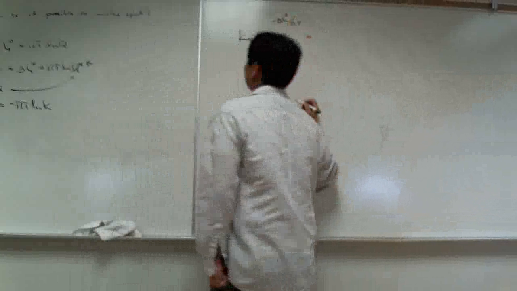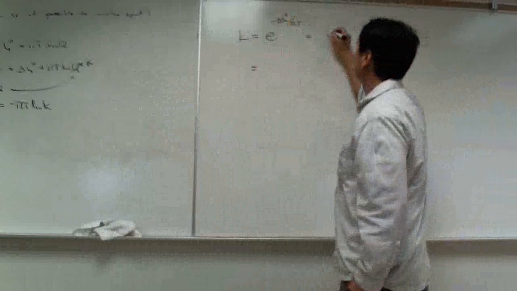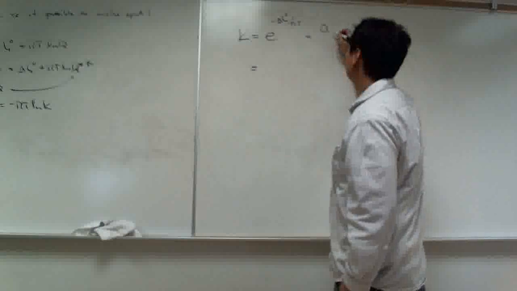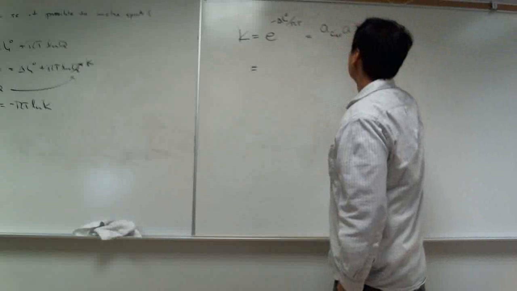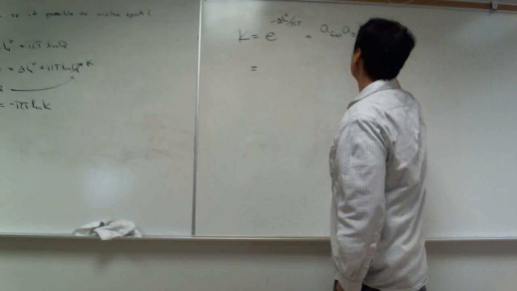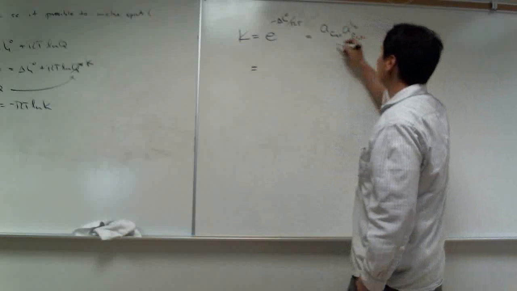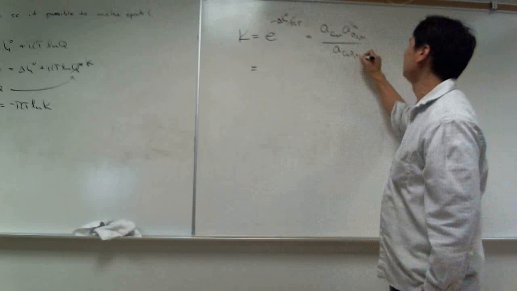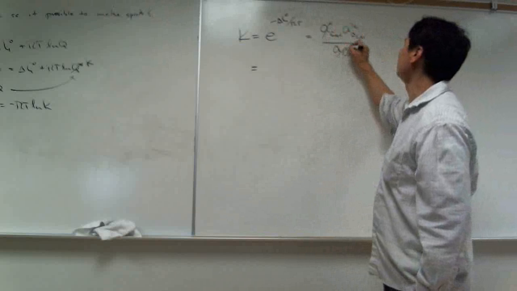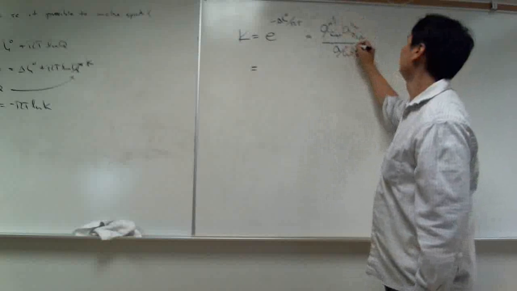K for this reaction is going to be the activity of the products. And so the products are going to be Cu, solid, times the activity of O2, gas. But for O2 we just have a half mole, so we have to raise that to 1/2. Divided by the activity of CuO, solid. The activity of pure solids is 1.